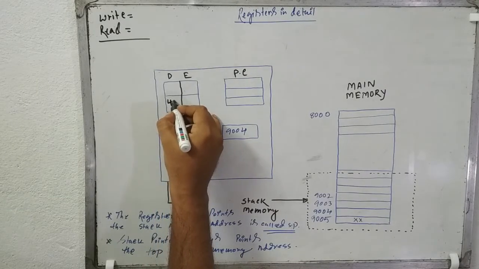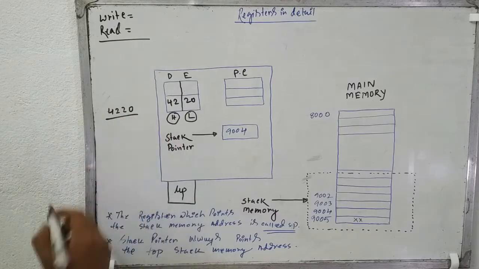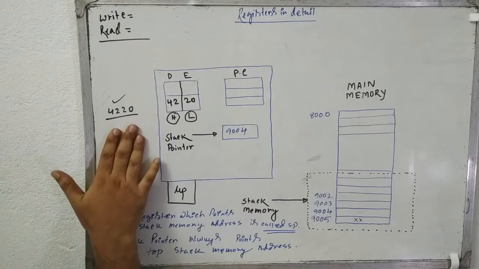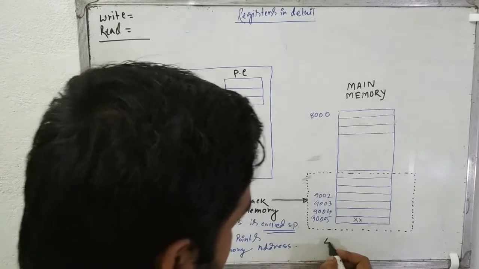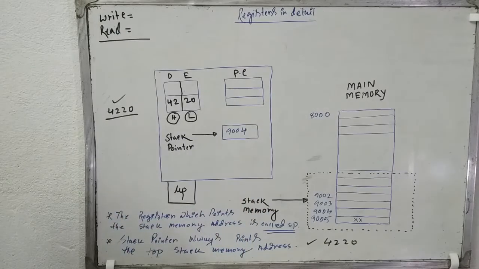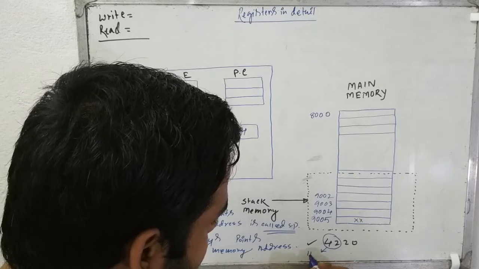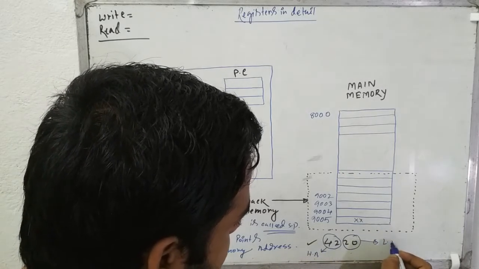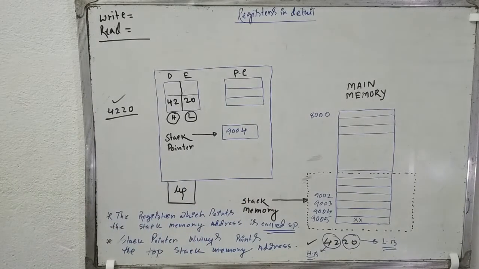Let's take the address 4240. In this address, 42 is the higher byte and 40 is the lower byte. Can we say that? Higher byte and lower byte.